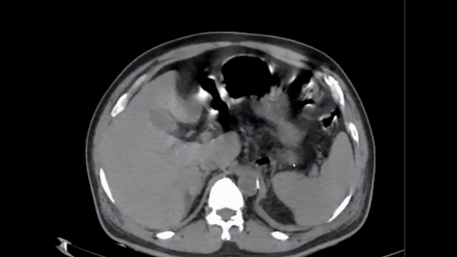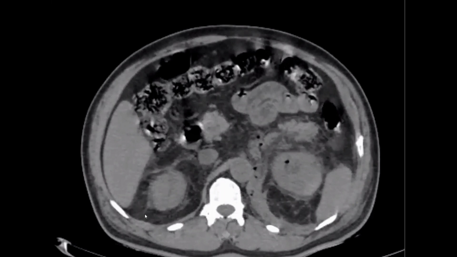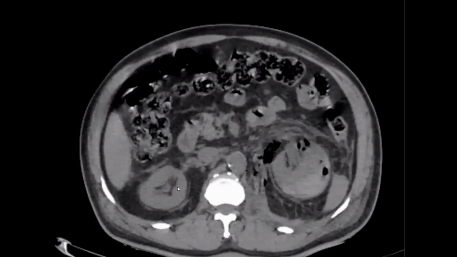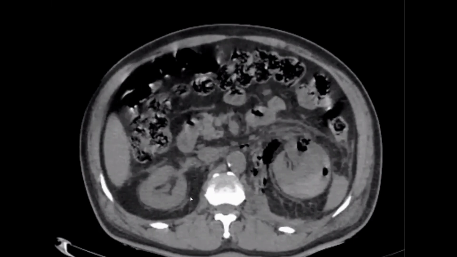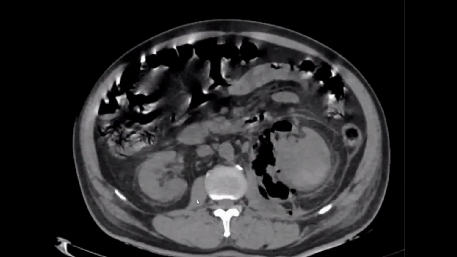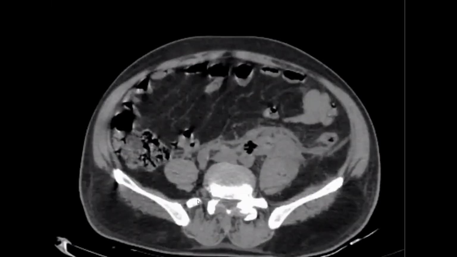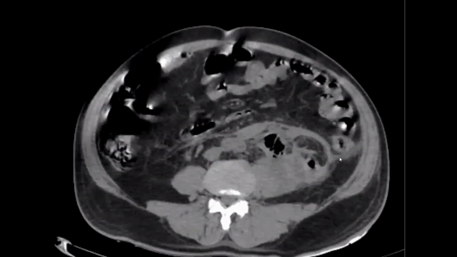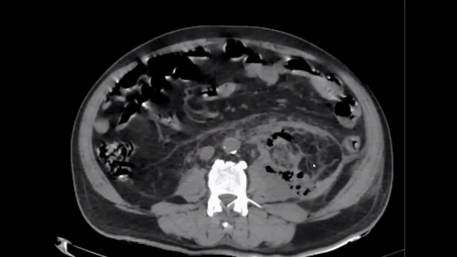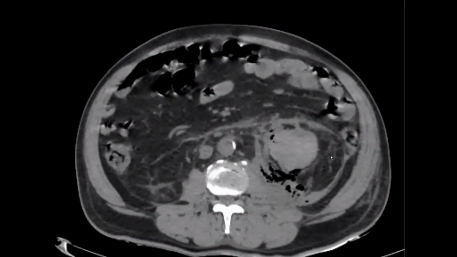The right kidney has no gas within it, however I could appreciate mild perinephric stranding on the right as well. Considering the imaging appearances, I'm thinking of left-sided emphysematous pyelonephritis with stage 4 extension into perinephric tissues as well.